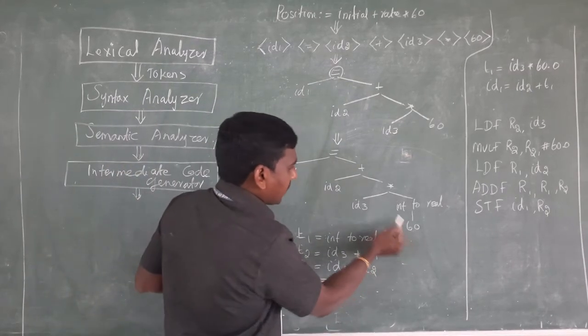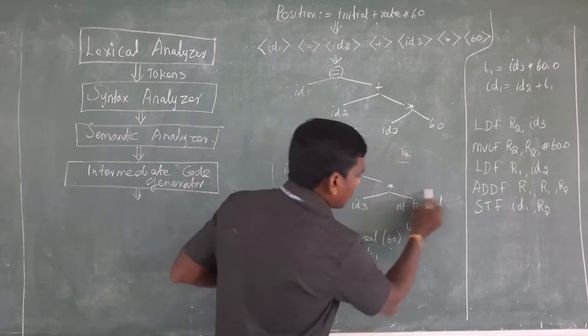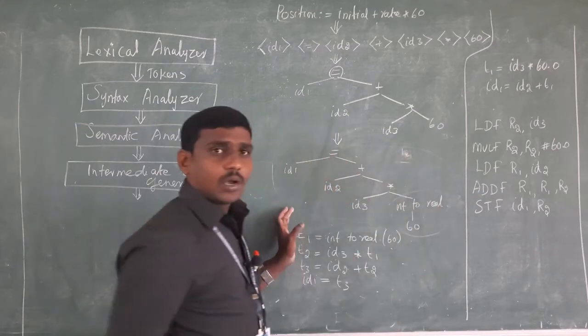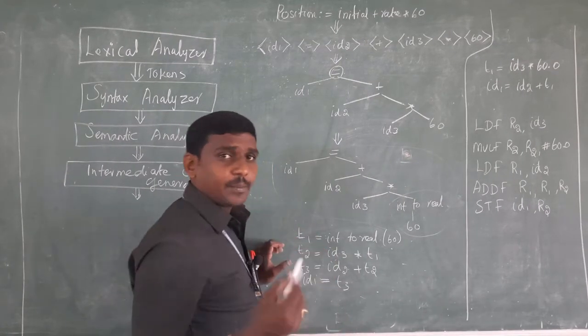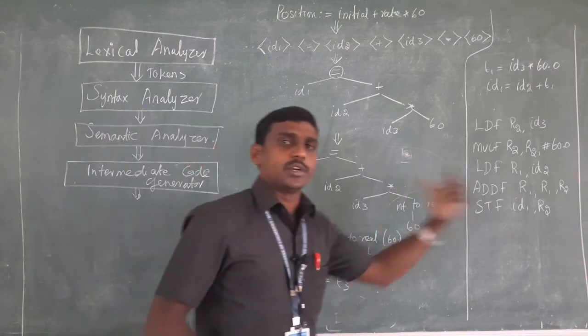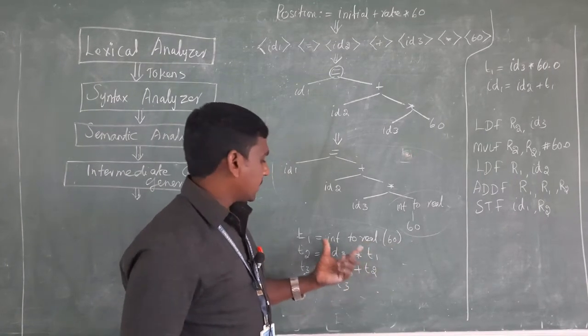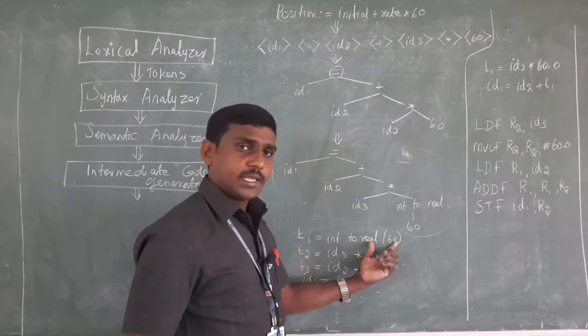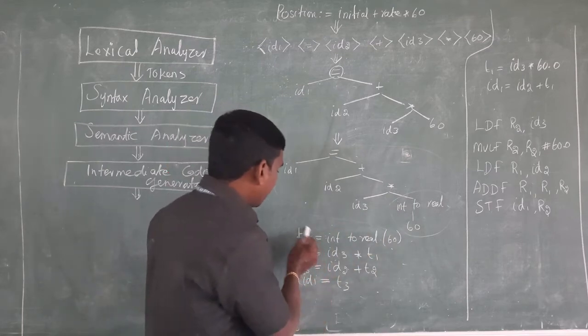See, 60 is multiplied with ID3, and first this 60 is converted into a real or float value, based on the compiler. Int to real of 60, the integer is converted into the default type, and that is stored in T1, a temporary memory.